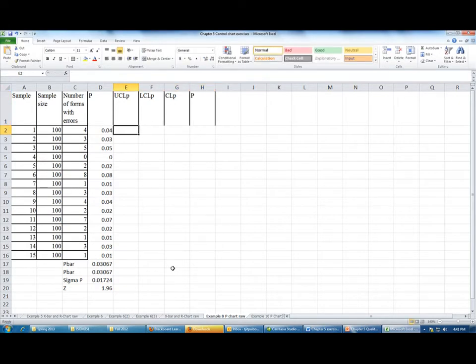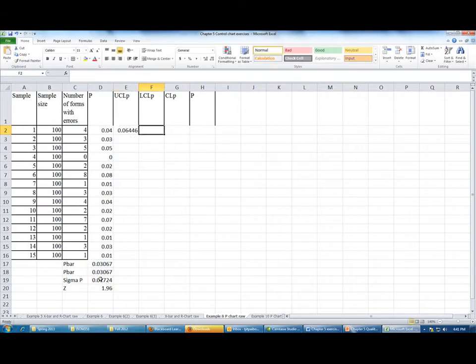Upper control limit P equals P bar, function 4, don't forget, plus Z, function 4, times sigma P, function 4.